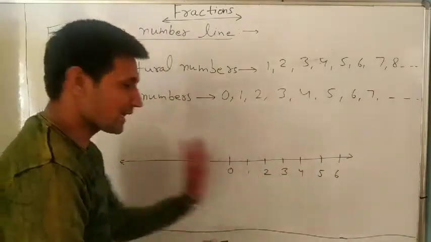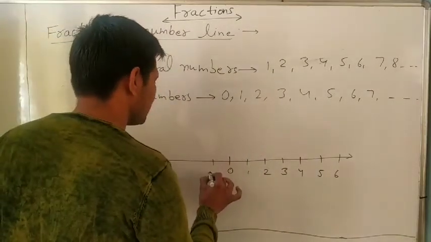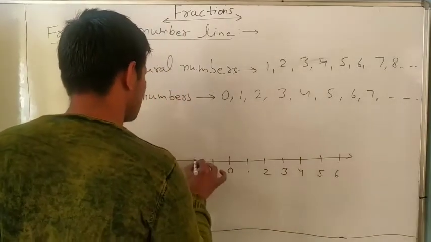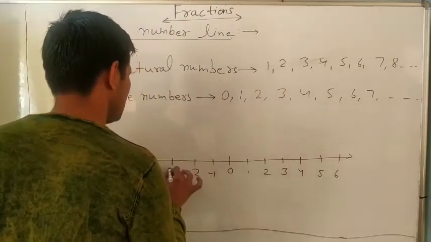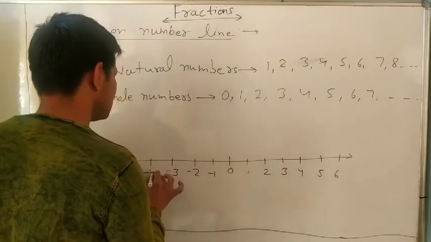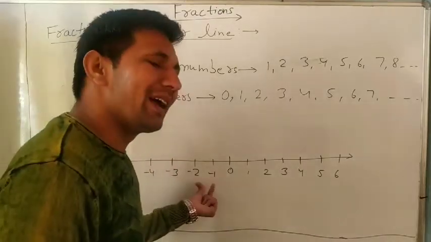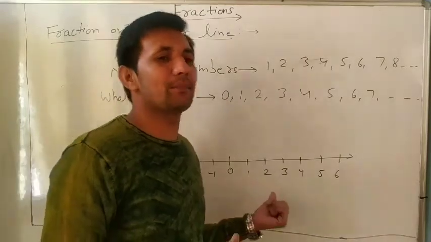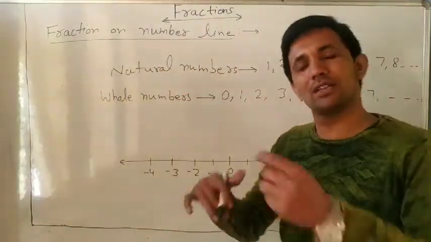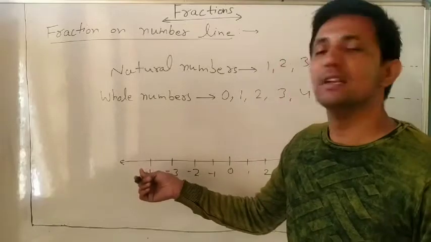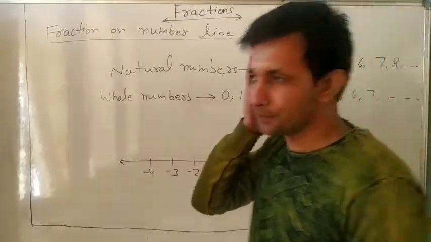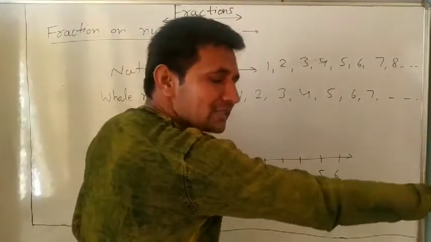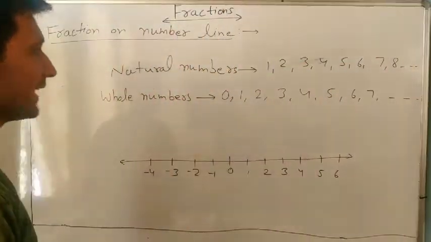Left side is negative, right side is positive. -1, -2, -3, -4. These minus numbers are called integers. This integer chapter, 6th chapter, we will learn. First we will finish all the chapters, then we will learn the 6th chapter. Okay. So only one thing to remember, right side is positive, left side is negative.